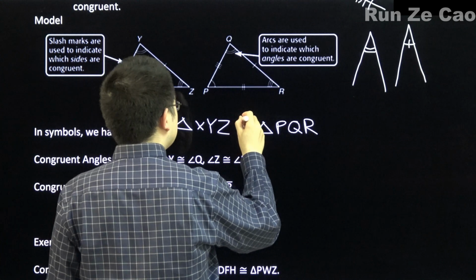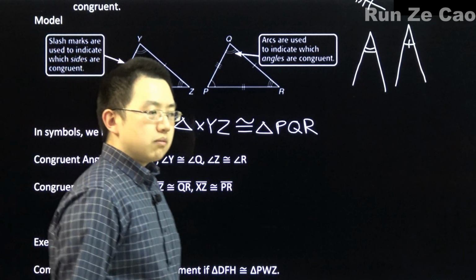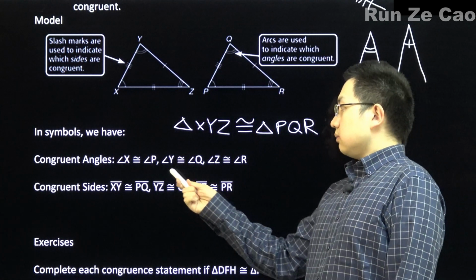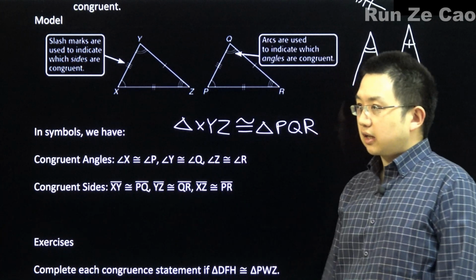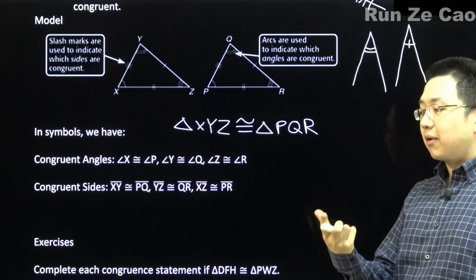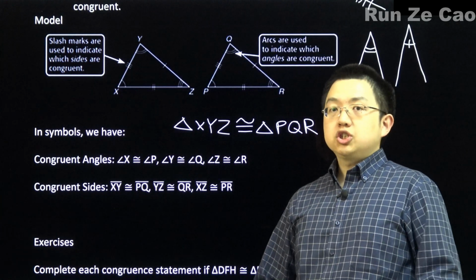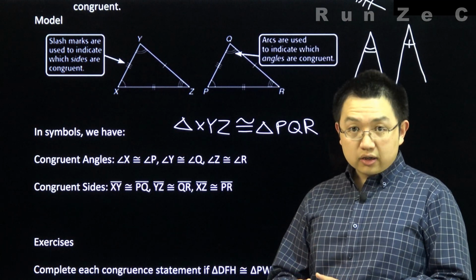You have to say that they are congruent. Because these are just numbers. Like an angle measurement is just a number. The length of a line segment is just a number. But a shape is different.